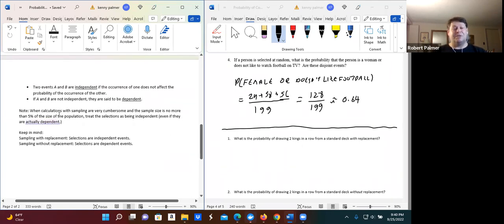When calculations are involved, this is something for simplicity, a general rule of thumb, not a strict rule. When calculations with sampling are very cumbersome and the sample size is no more than 5% of the total size of the population, treat the selections as being independent, even if they're actually dependent. In future videos, you may learn more about statistical methods and statistical sampling, and we'll see that basically you think about sampling different groups from a large population.